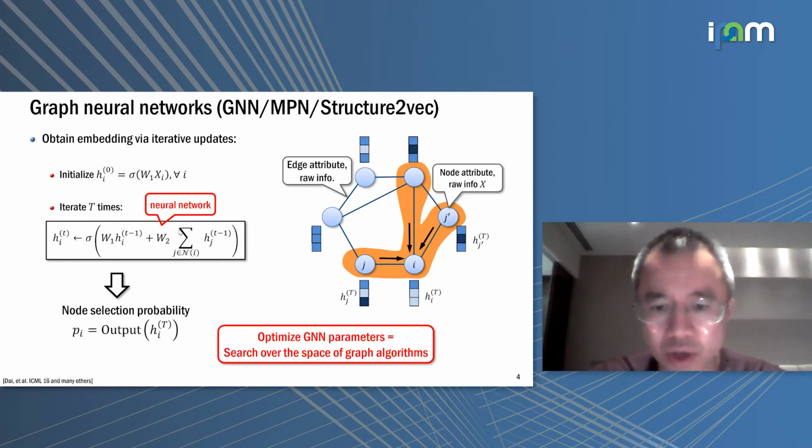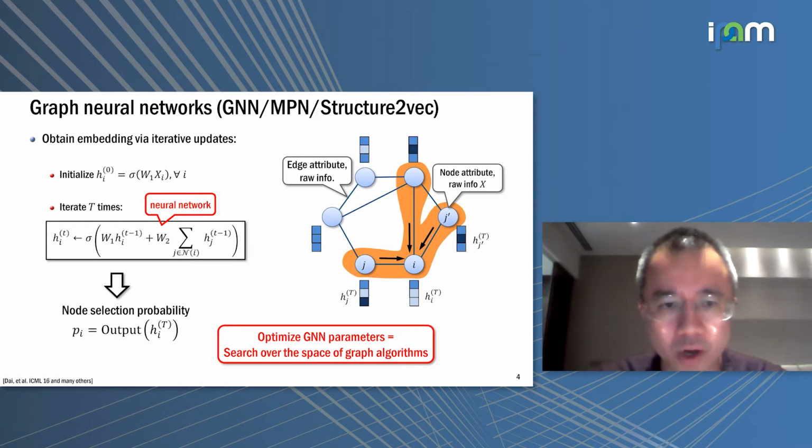So you actually search over the space of parameters for this graph neural net, optimizing the GNN parameters. You can think of it as equivalent to searching over graph algorithms. Okay, so this is how you parameterize node selection probability using graph neural nets.